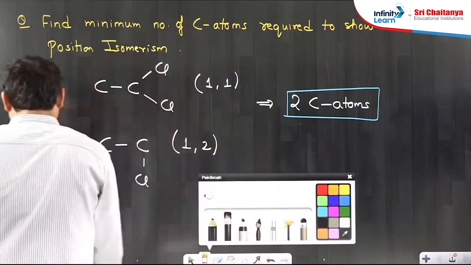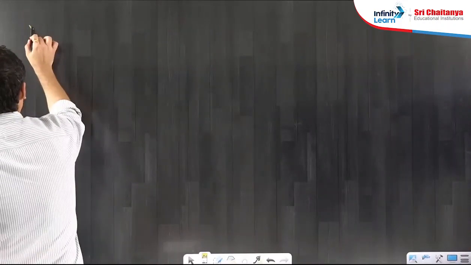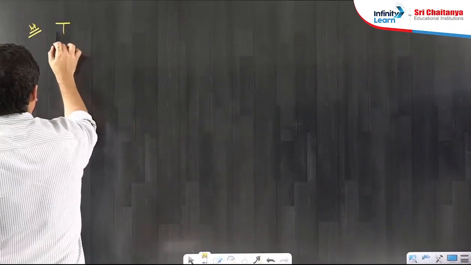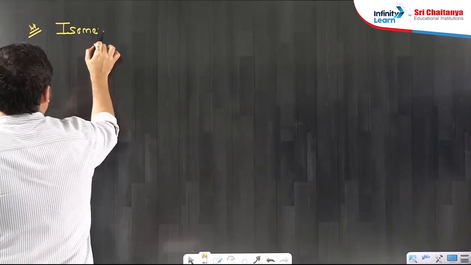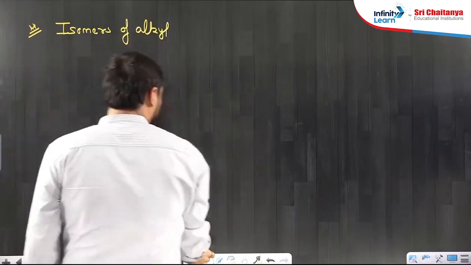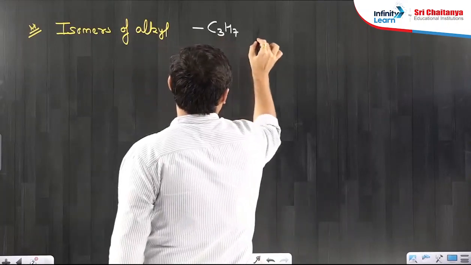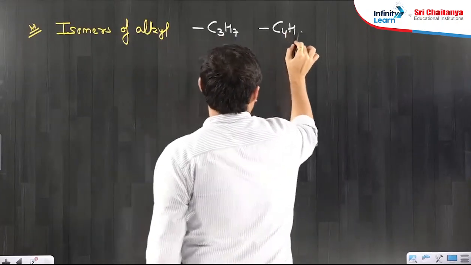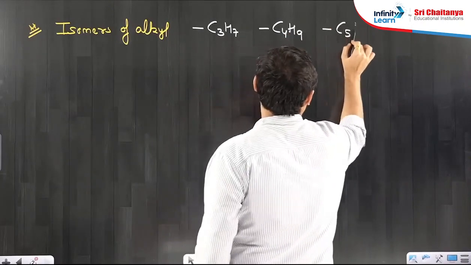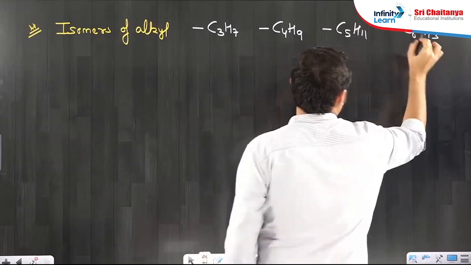Before moving to the next question, I am asking you some questions which we have written earlier. Isomers of alkyl groups. You have to tell the sequence: C3H7, C4H9, C5H11, C6H13.